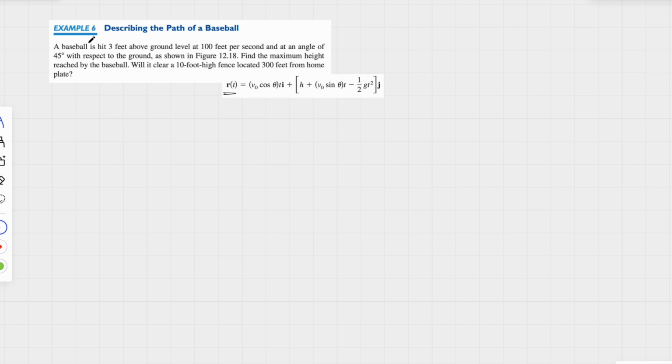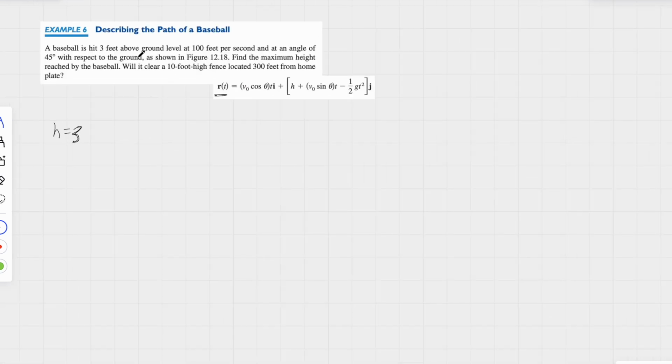So let's read example 6. A baseball is hit 3 feet above ground level at 100 feet per second and at an angle of 45 degrees. So hit at 3 feet above ground level, so h will equal 3. That's the initial height.